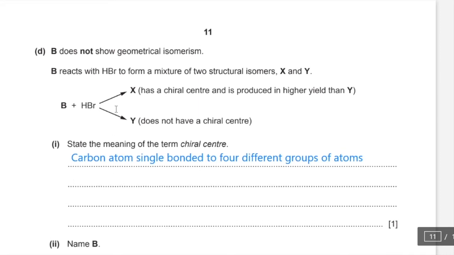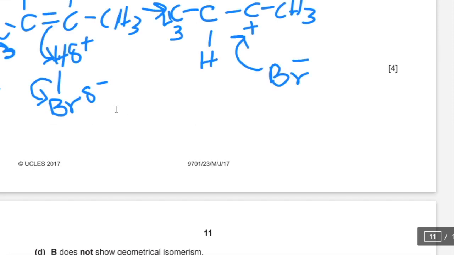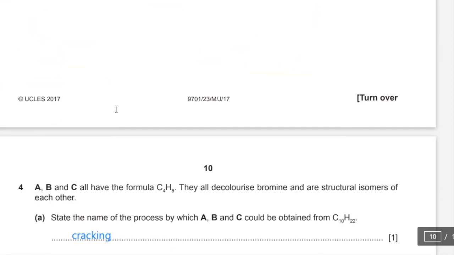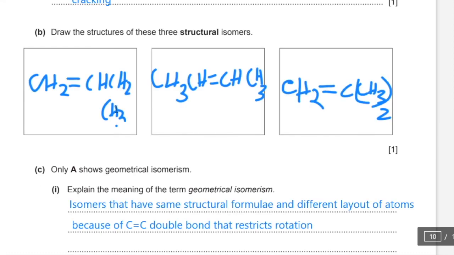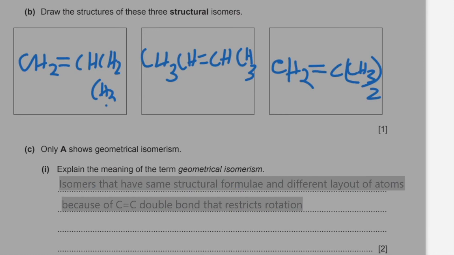Alright, so let's decide which structure is B. So we're given in the question that one of the products of B is supposed to have a chiral center. If you look at this structure over here, let me draw the possible products.